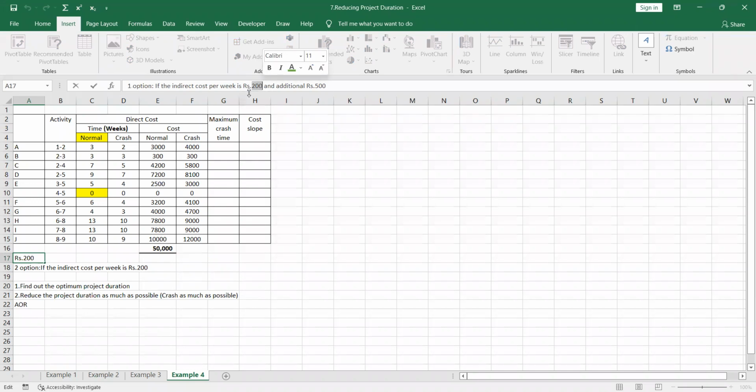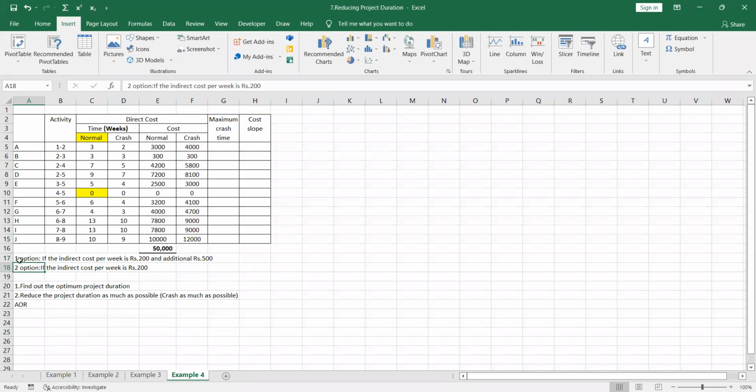So 200 multiplied by 5, and add that 500 additional. So 200 per week, we are having 5 weeks, meaning the value is 1000. For that 1000, you have to add 500 addition. So that is for the first option.